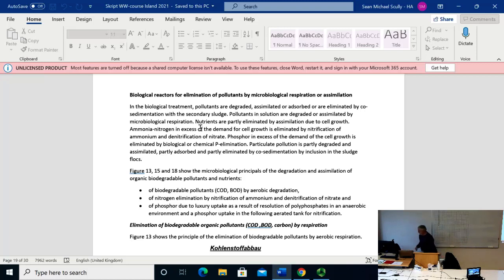If we just have a reactor for aerobic degradation, then we have here our microorganisms, our inoculum, and we have here our human being, and he produces wastewater.